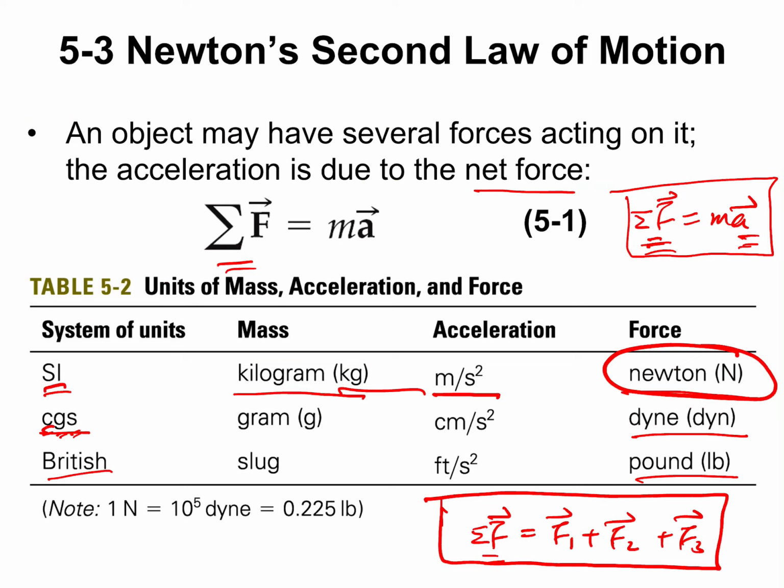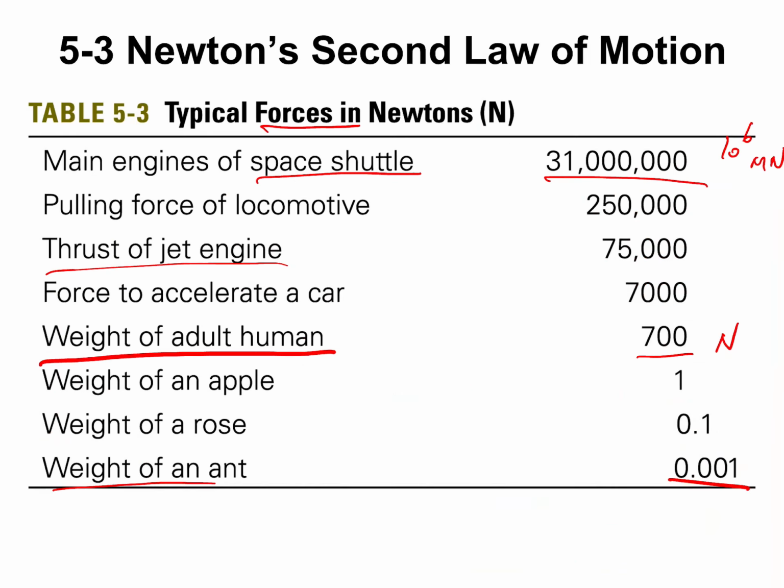So we talk about what your weight is. If it is in pounds, you need to convert pounds to Newtons. 1 Newton equals 0.225 pound, so you can tell how many pounds 700 Newtons equals: 700 times 0.225.